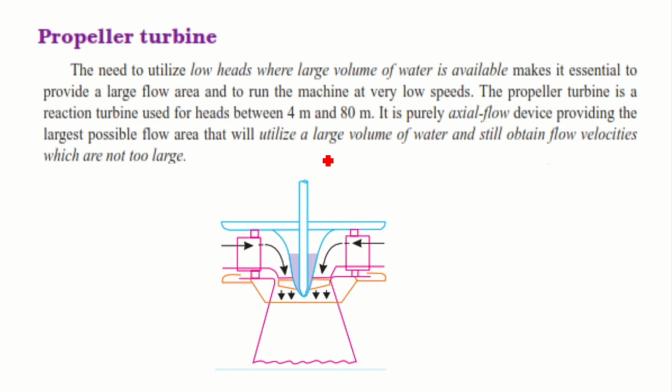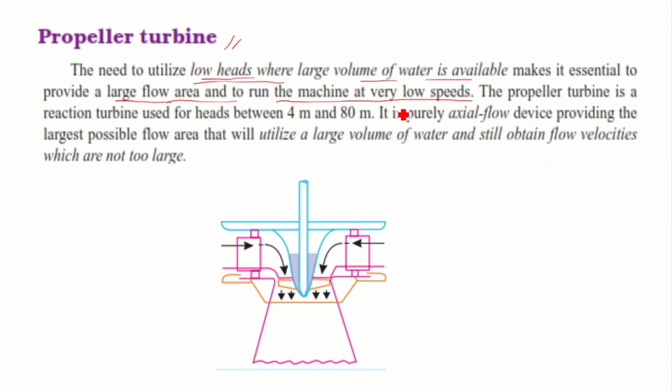Propeller turbine. One type of axial flow turbine is the propeller turbine. They are used to utilize low heads. We know that axial flow turbines are used for low heads where a large volume of water is available. We have a large volume of water, but the head available is very low, which makes it essential to provide a large flow area and to run the machine at a very low speed.